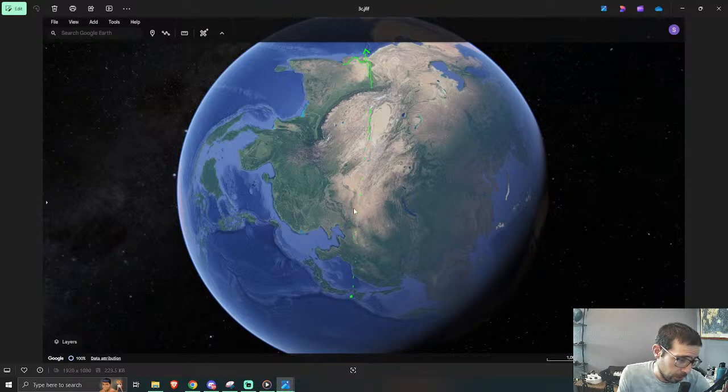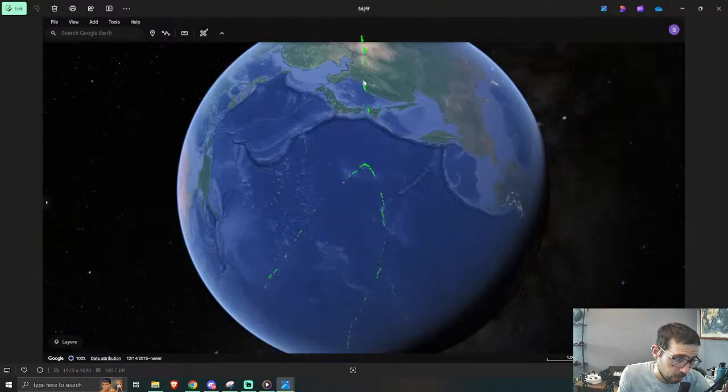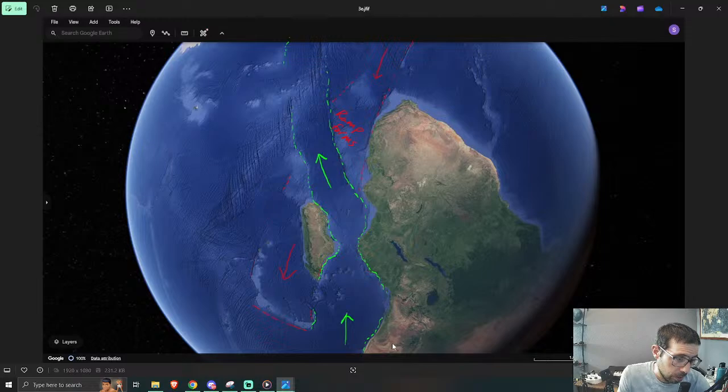Current flow that went this way. Over there. That then continued this way. Another one that went under, over top it.